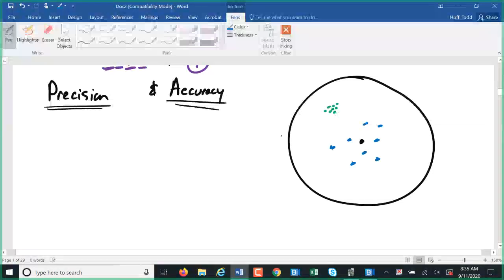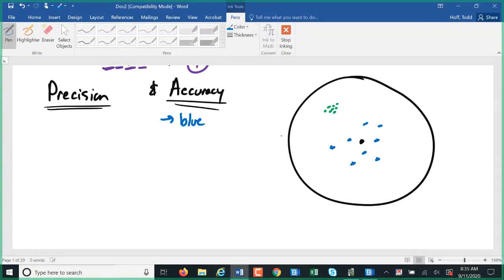The blue holes are more accurate because they are closer to the desired target.